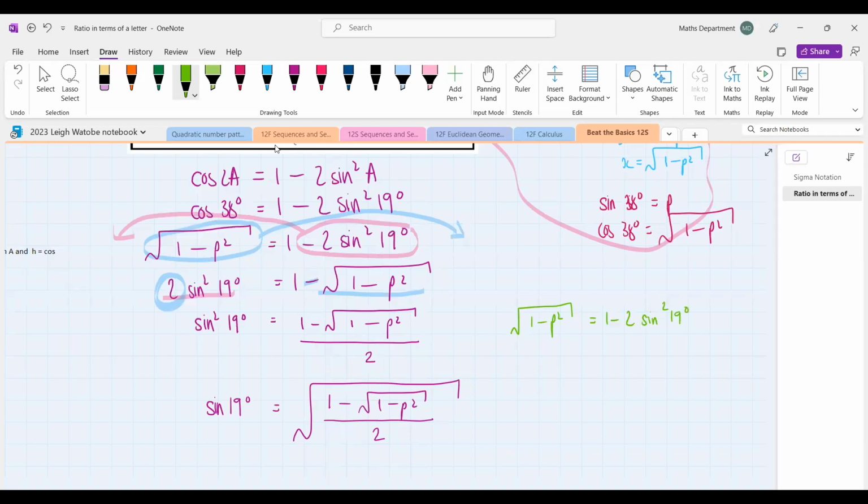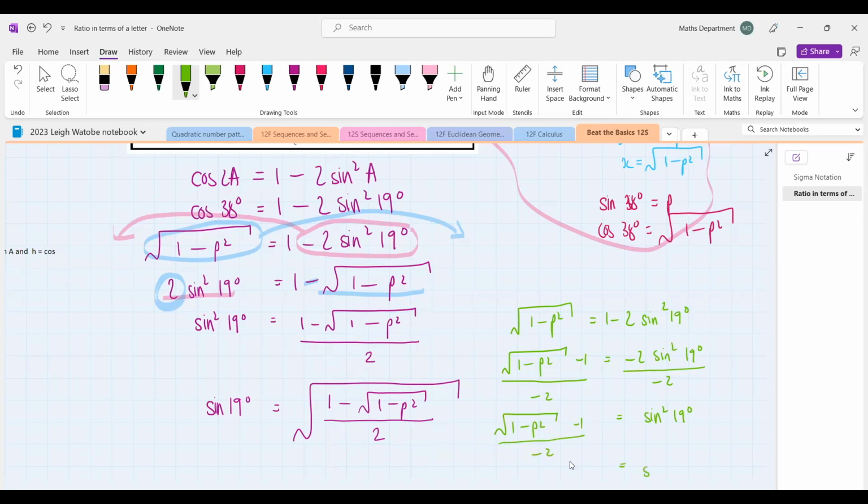Okay, so then I would need to minus 1 from both sides, right? So I'd end up with root 1 minus p squared, I'd minus 1 from this side, and then here I've got minus 2 sine squared 19, and then I'm going to divide by negative 2 this side, so I've got to divide by negative 2 this side. So then over here, I'd end up with sine squared 19, and here I've got root 1 minus p squared minus 1 over negative 2.